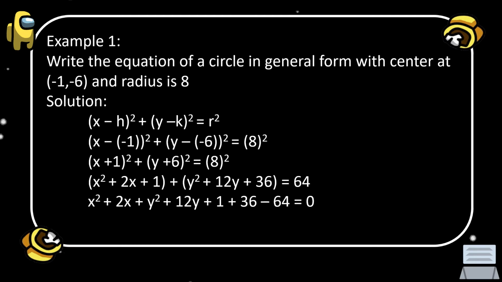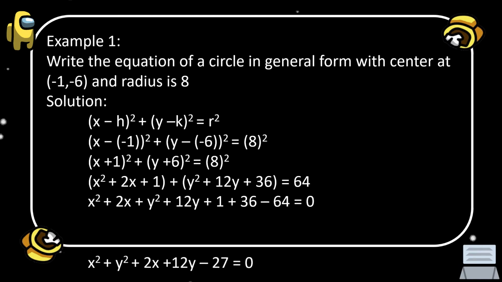Then after that, we are going to remove the parentheses and combine all similar terms. So we have x squared plus 2x plus y squared plus 12y plus 1 plus 36 minus 64 is equal to 0. As I've said, we combine all similar terms and arrange the equation from highest exponent to the lowest to find the general form.